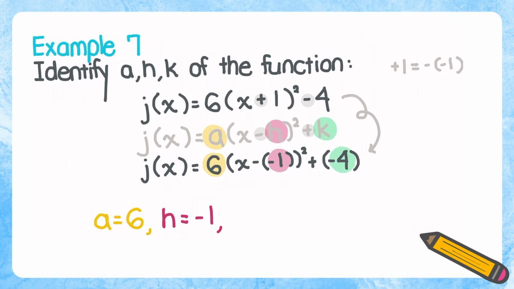K is replaced by negative 4, so k equals negative 4. After rewriting the given function, we found that a equals 6, h equals negative 1, and k equals negative 4.